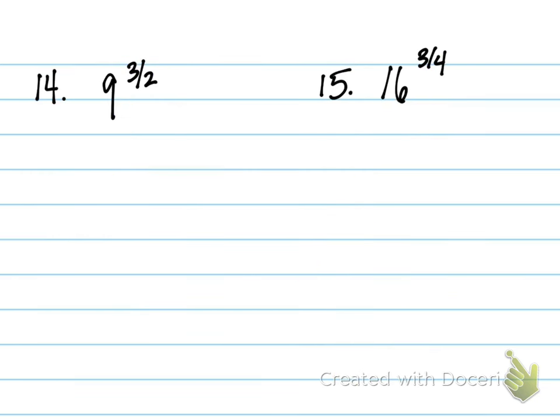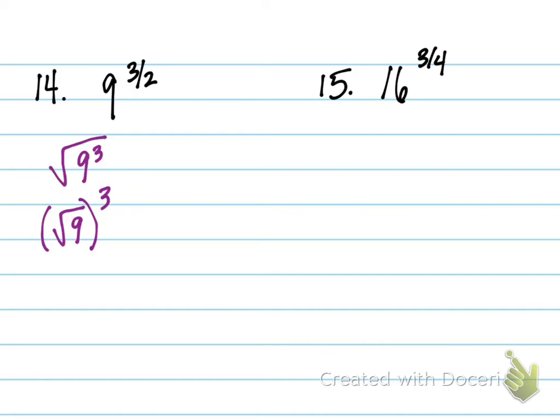For these, I want to do these by hand. So it says without a calculator. So I'm going to rewrite this into radical notation. Basically, this is like saying the square root of 9 cubed. And so the easiest way to solve this is to find the square root of 9 first and then cube it.